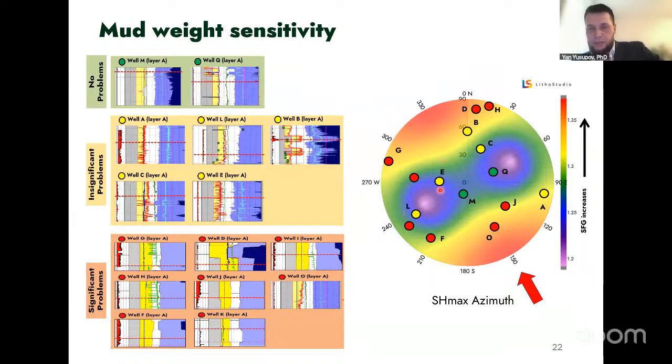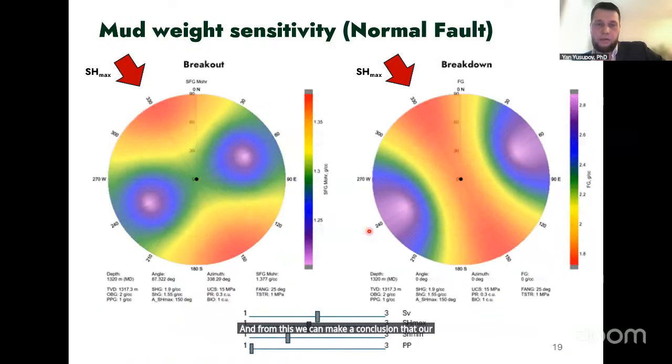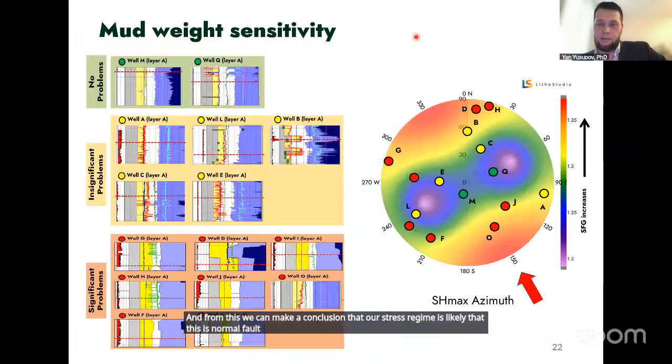From this, we can conclude that our stress regime is likely a normal fault, because we can see characteristics that are typical only for a normal fault, not for strike slip or reverse fault. And so this is a very important type of calibration of the model using the same formation.